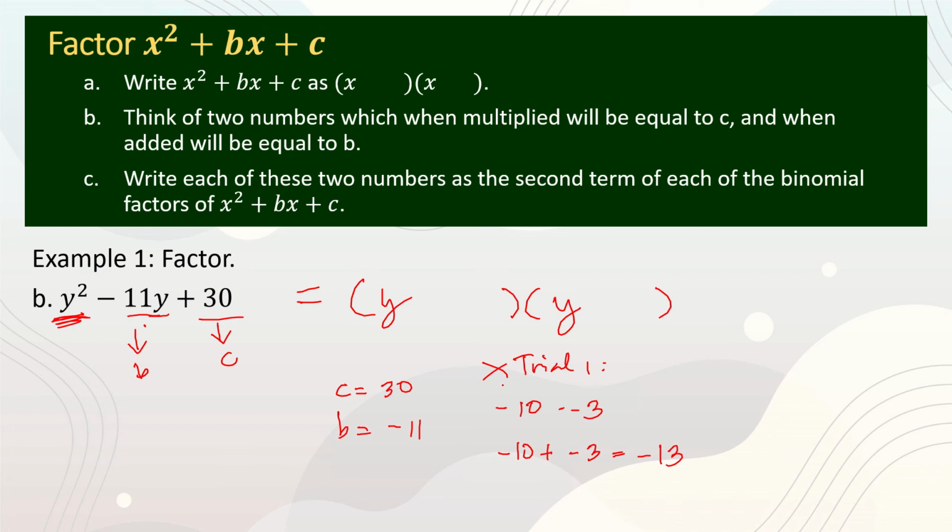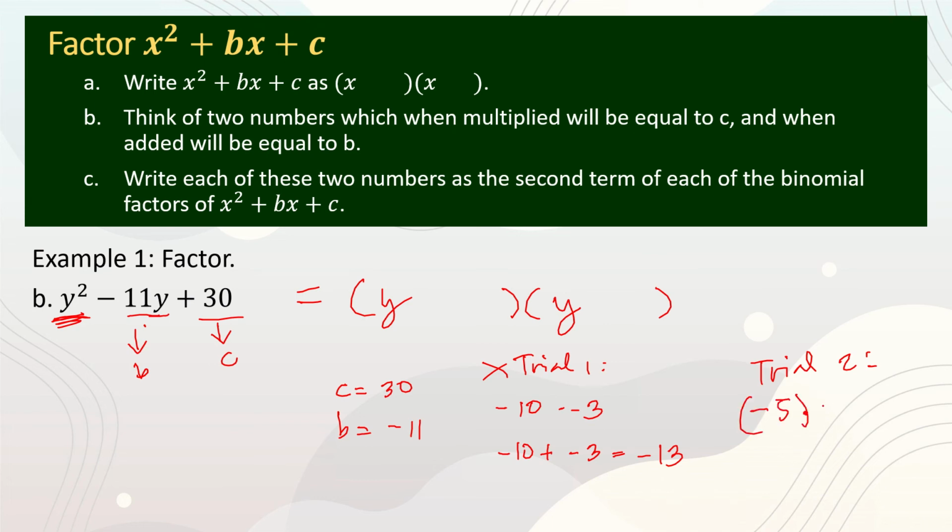Ayan. So ito yung medyo challenging because you will really have to do trial and error. So you figure out some other factors in which when you multiply them, it will result to the C, and when you add them, it will result to the B. For that, you can think of negative 5 and negative 6.